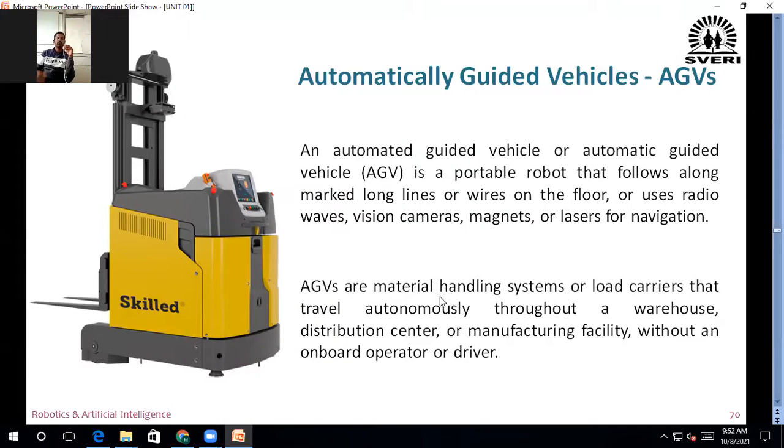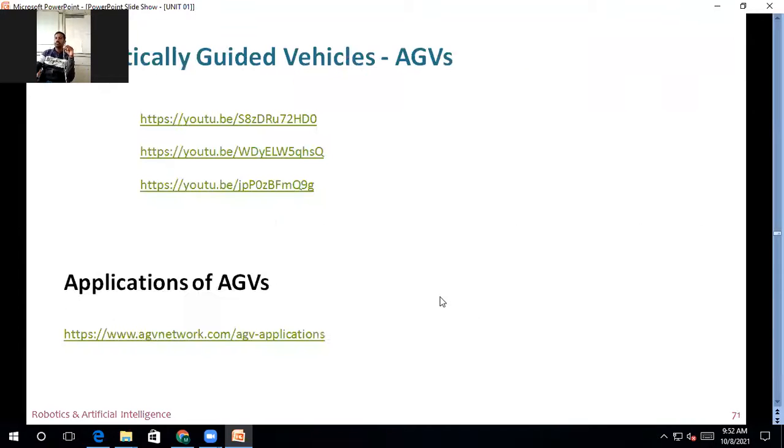Similarly, in mechanical also there are large numbers of warehouses, large size warehouses to store the various components. Okay, to store those various components we need to use these AGVs. Okay, we require these automatic guided vehicles.